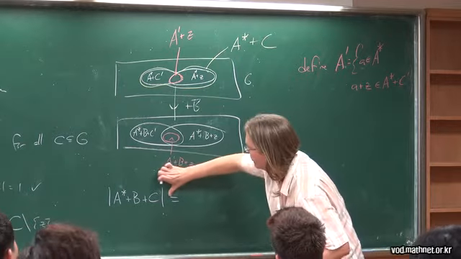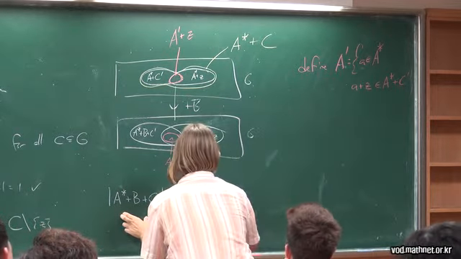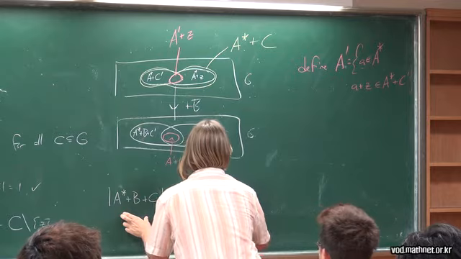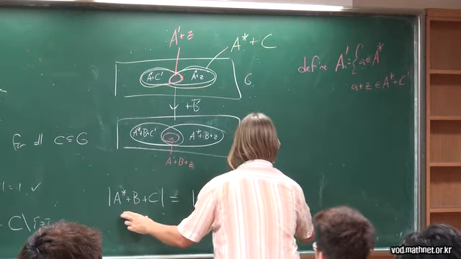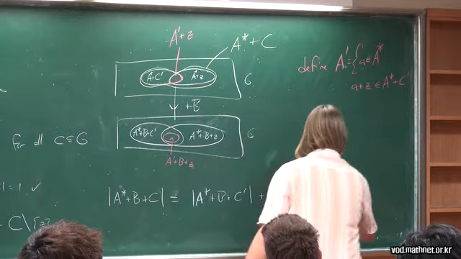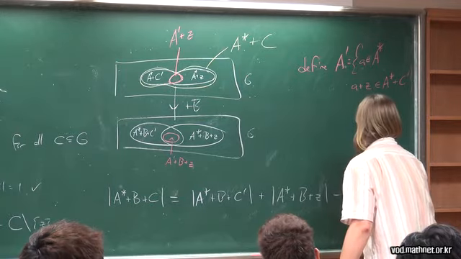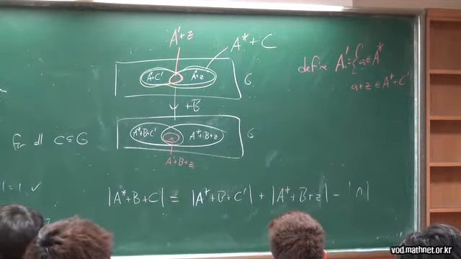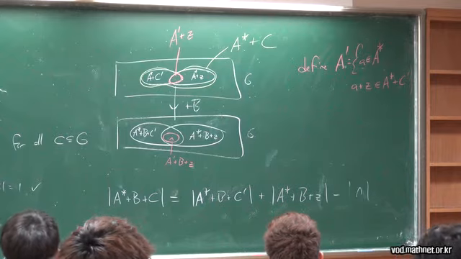That would give me equality, right? I could write the size of A star plus B plus C prime, plus the size of A star plus B plus Z, minus the size of their intersection. So that would be true with equality, right?